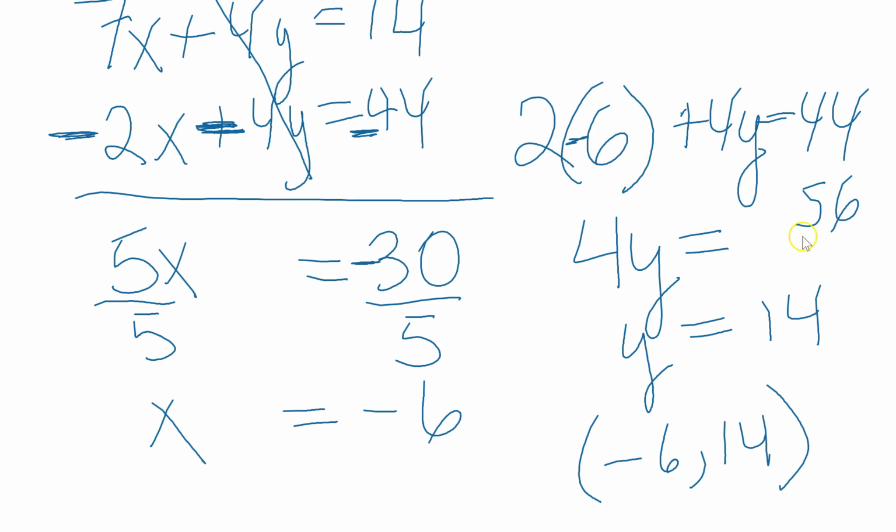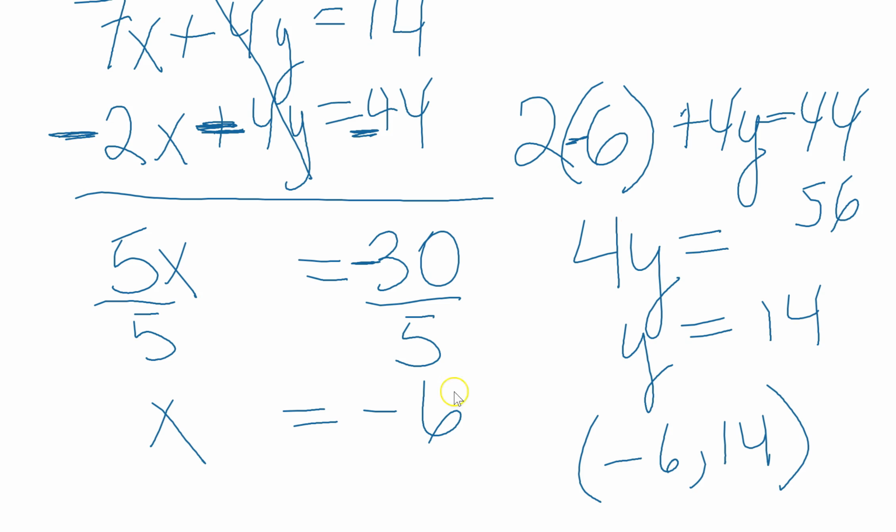There we go. Be careful of the signs. This is a negative 6. That's what we said here. So this is going to be negative 12. When we bring it over to this other side, it becomes a positive 12, and 44 gives us a 56. There, that's better. We divide both sides by 4, and we get y equals 14.